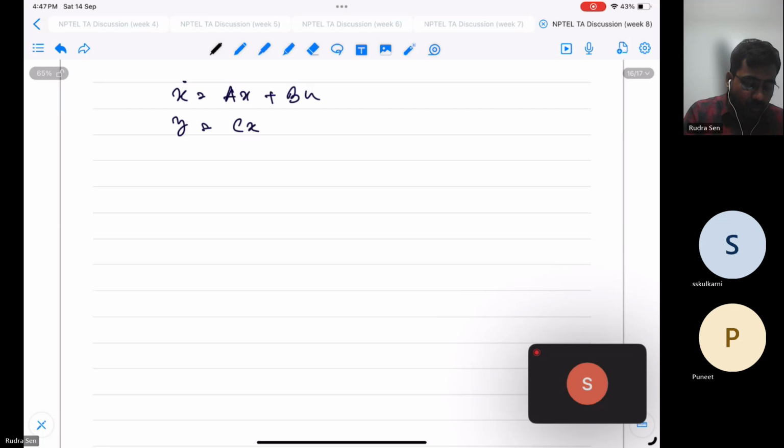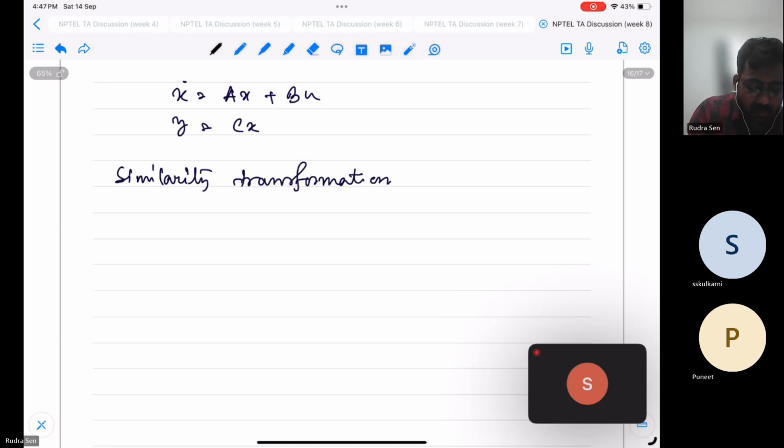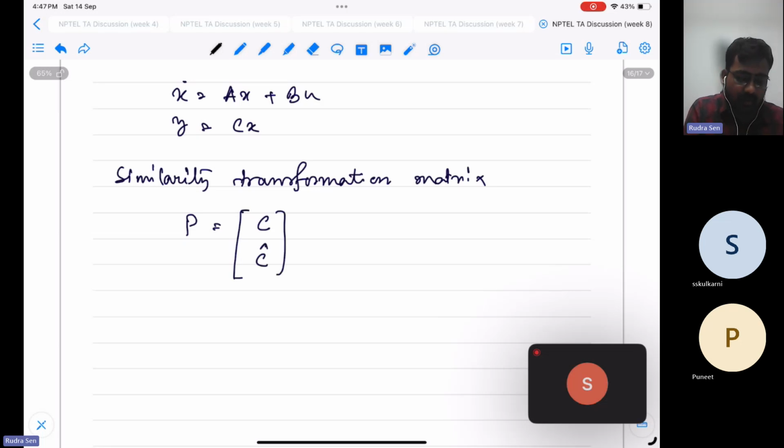Now we define a similarity transformation matrix. Let's call it P, built from C and C hat. This C is the same C as in the output equation, and we have to choose C hat in such a way that P is non-singular.